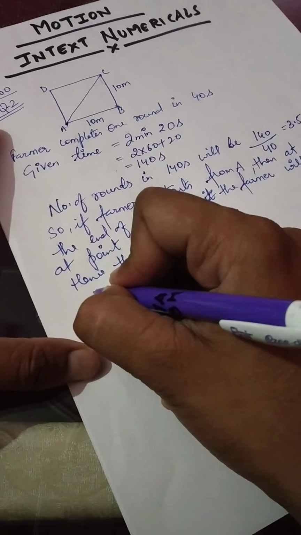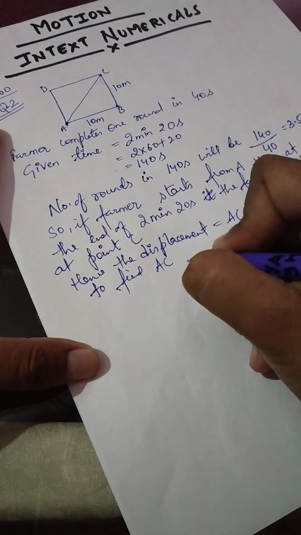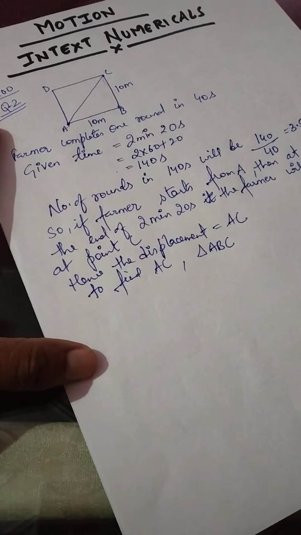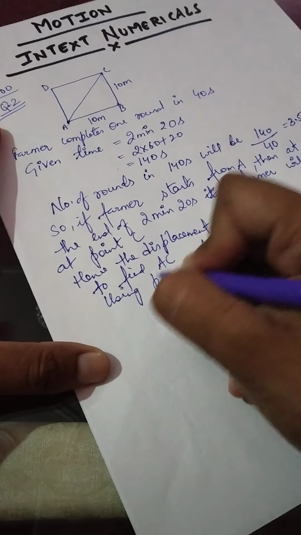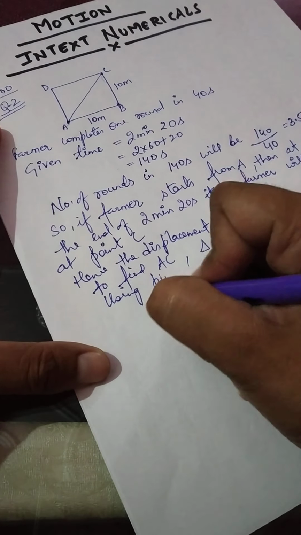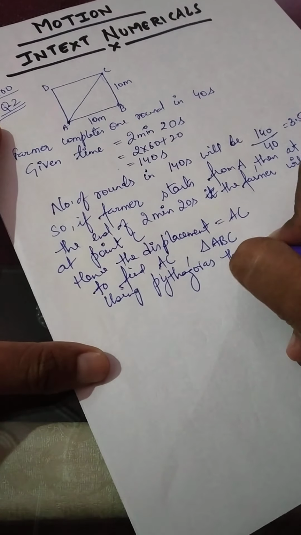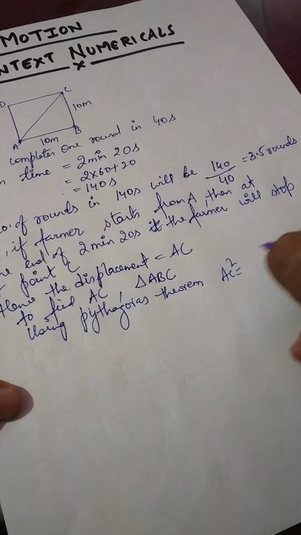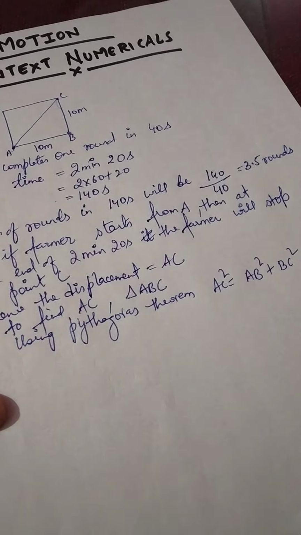Now, to find AC, take triangle ABC, which is a right angle triangle. Using Pythagoras theorem, we have AC square equals AB square plus BC square.